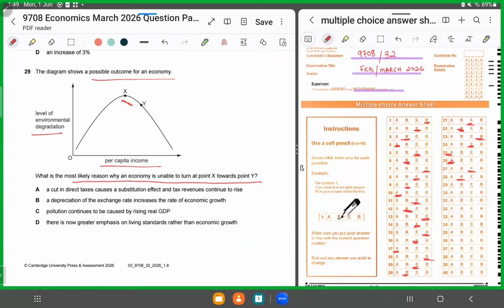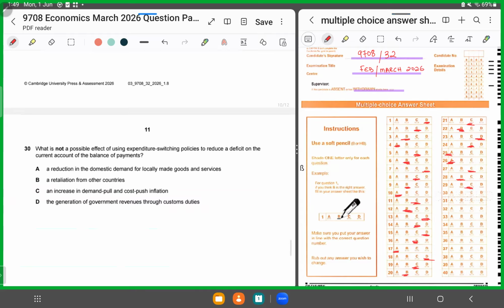It's unable to decrease the degradation level because of pollution, right? So it has to do something with pollution. It doesn't have anything to do with taxes or depreciation. So pollution continues to be caused by rising real GDP. That's the answer. So for 29, we'll shade in C as the correct answer.